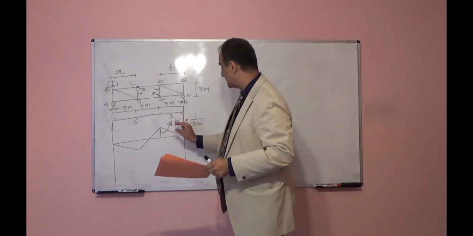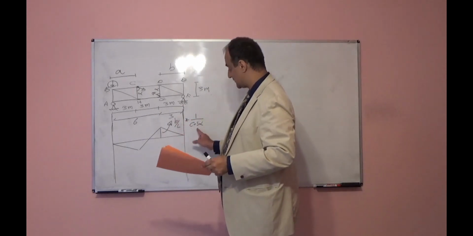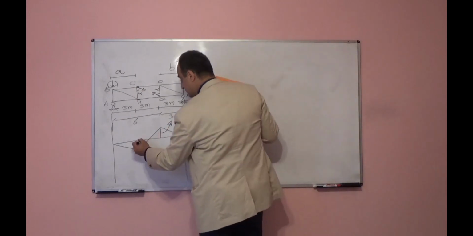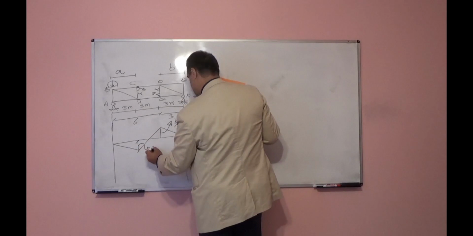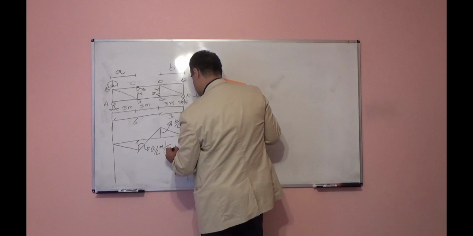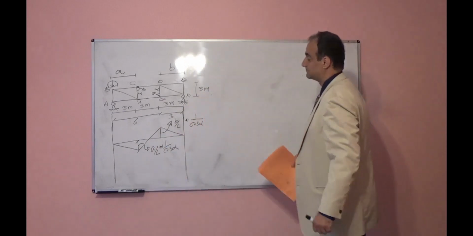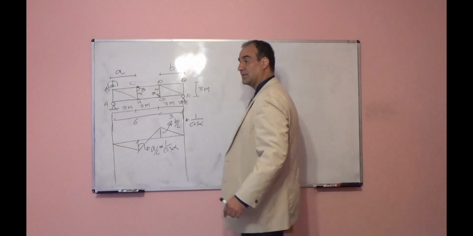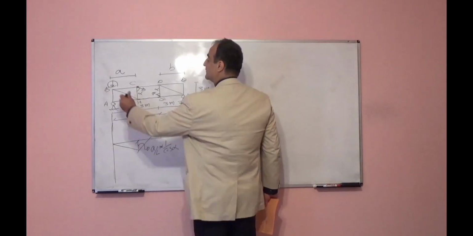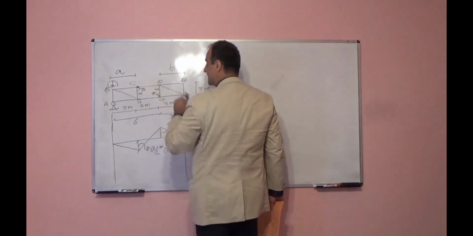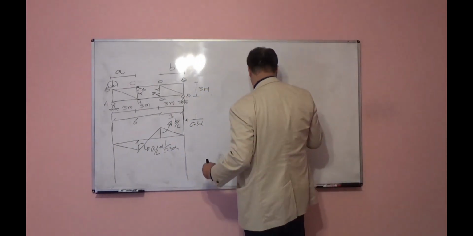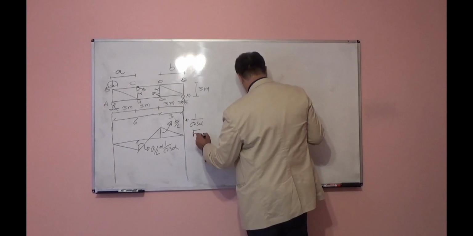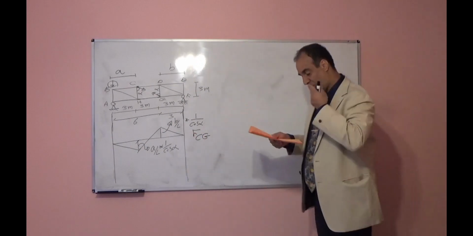So this height will be B over L times 1 over cosine alpha. You can prove this using analytical methods. And this height will be A over L times again 1 over cosine alpha. You can follow Muller-Breslau, then put load at different joints and find axial force and compare. So this will be the influence line for member CG.